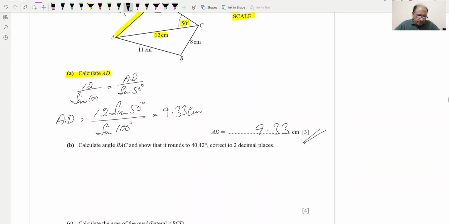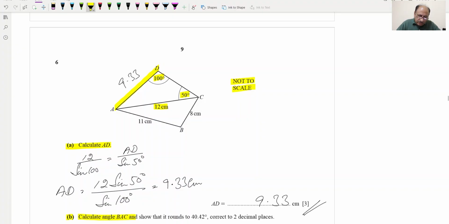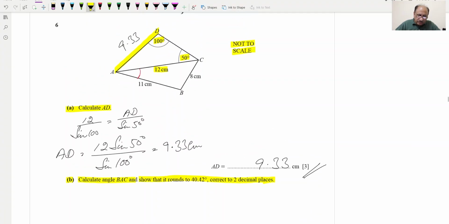Now B part says calculate angle BAC. Which one is BAC? Okay, so this angle we need to calculate, and show that it rounds to 40.42, correct to 2 decimal places. This is a 4 marks question. Good. So we can solve this easy question.